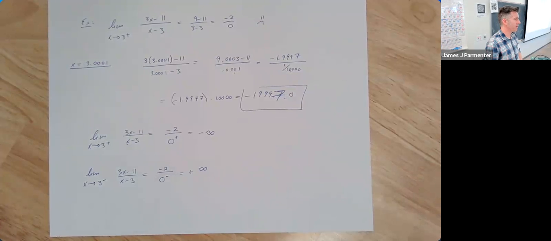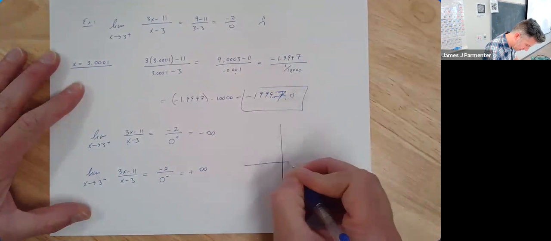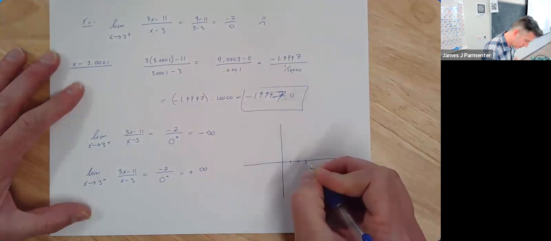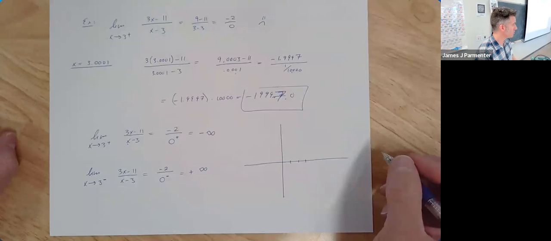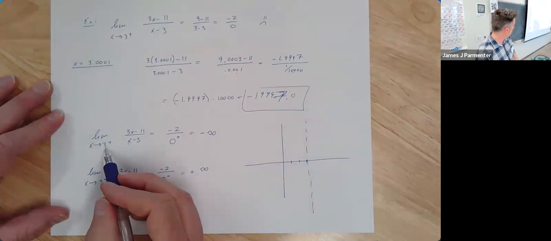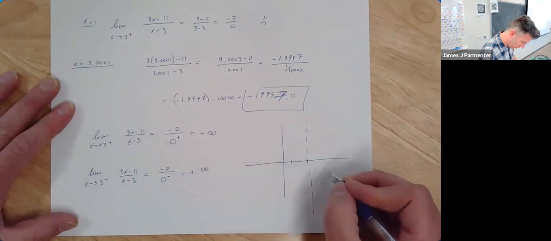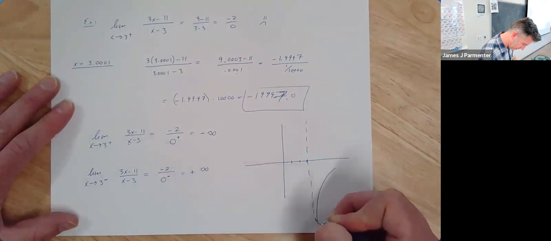What does this mean graphically? Graphically, this means that at x equal to 3, we have a vertical asymptote. Because as we approach 3 from the right, our function gets negatively very large. So we're going down like that.